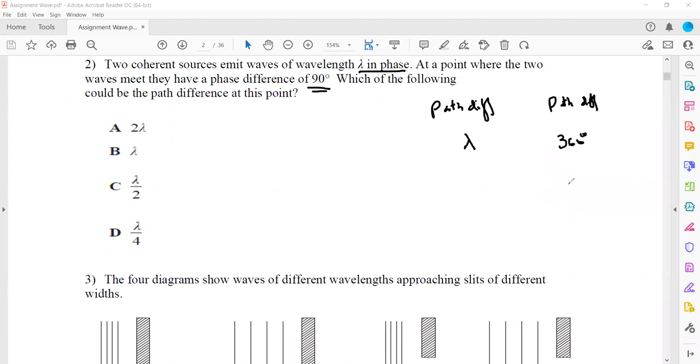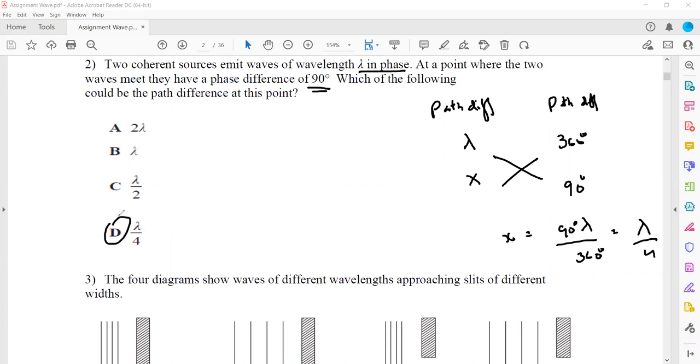So if we have a phase difference of 90 degrees, then what will be the path difference? It will be x. When we cross multiply, x will be equal to 90 times lambda divided by 360. When we simplify, it will be lambda by 4.